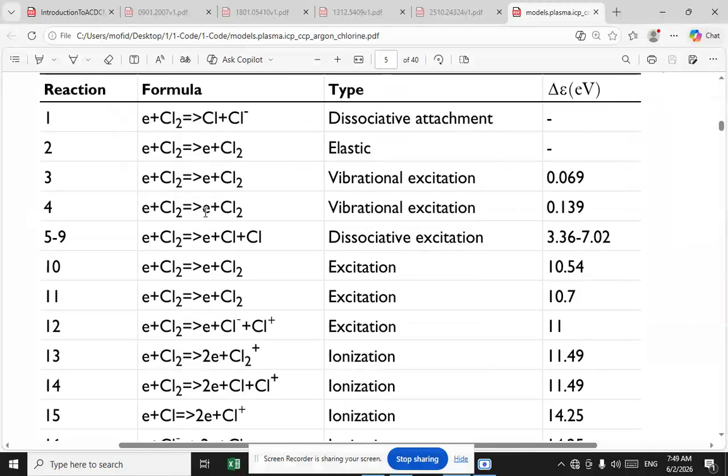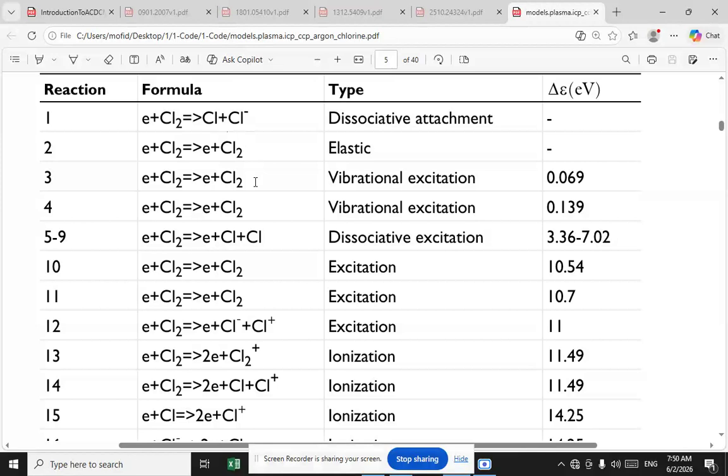As you see, we have a dissociative attachment, elastic collisions, and vibrational excitation. I want to read the formulas. e + Cl2 gives Cl + Cl⁻ is a dissociative attachment. e + Cl2 gives e + Cl2 is elastic. e + Cl2 gives e + Cl2 is a vibrational excitation.